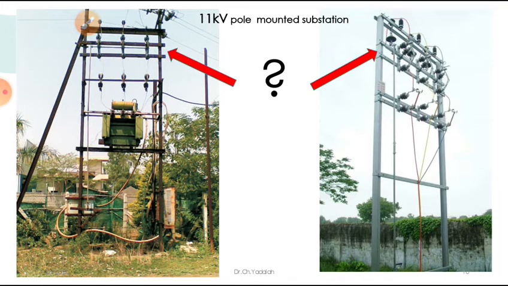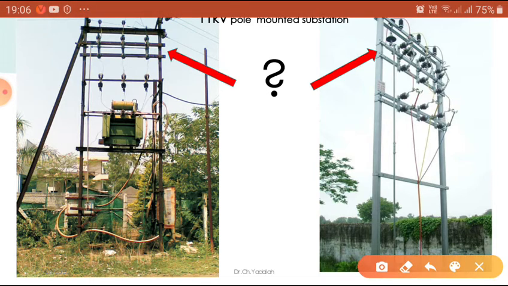Have you remembered? In the top we are going to use lightning arresters and live conductors. After that we use the air brake switch. After that we use the HG fuse set. After that we take the input 11 kV, and we are going to get the output 400 volts.